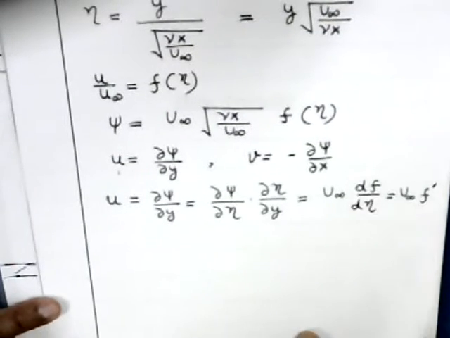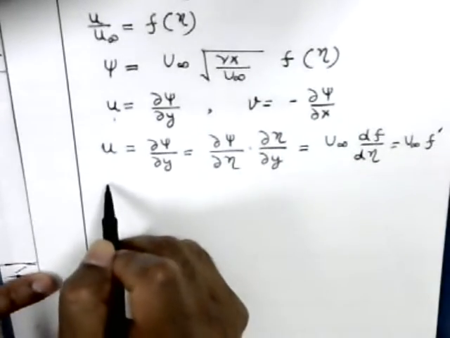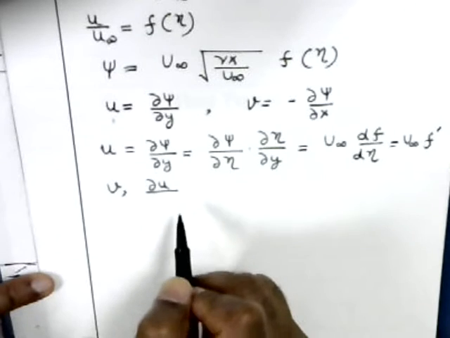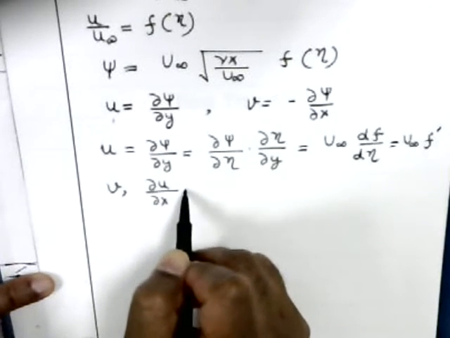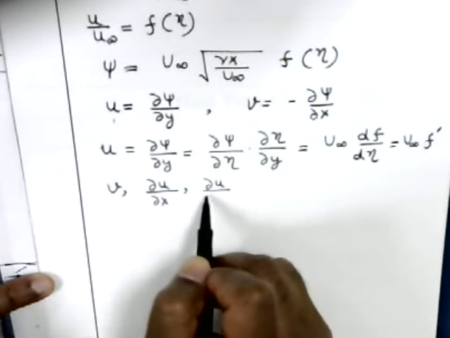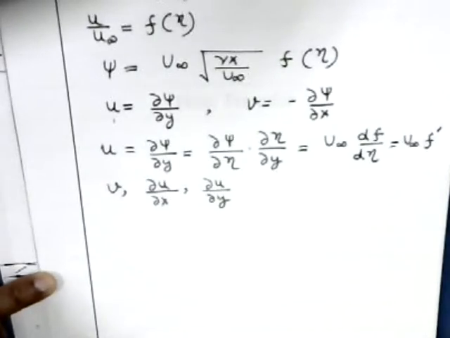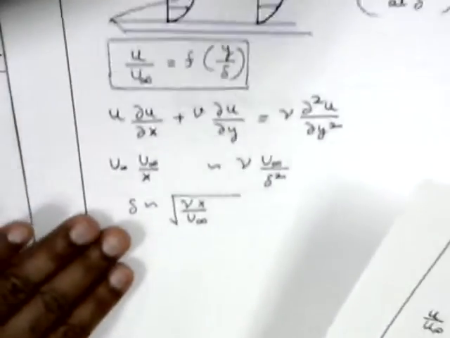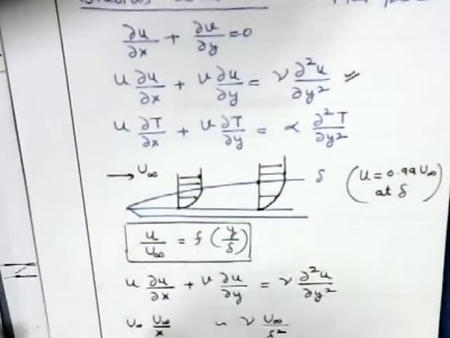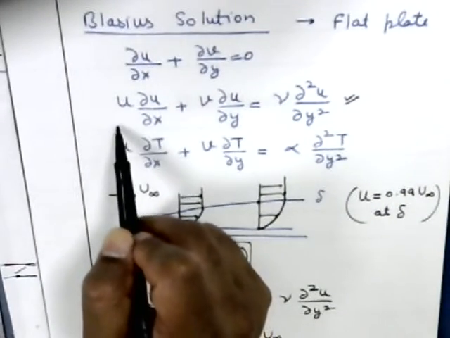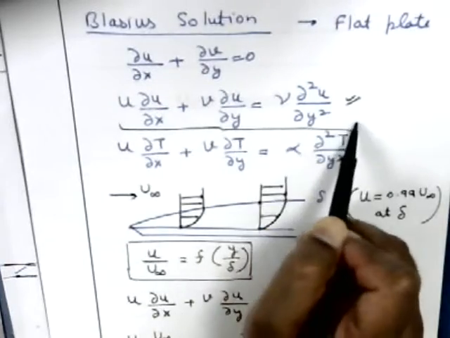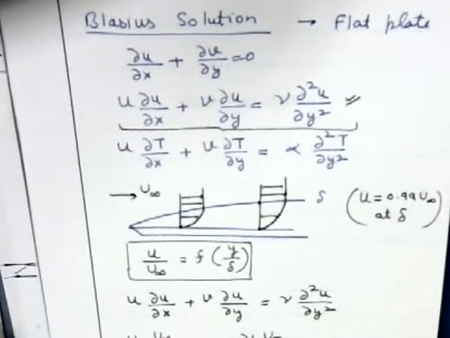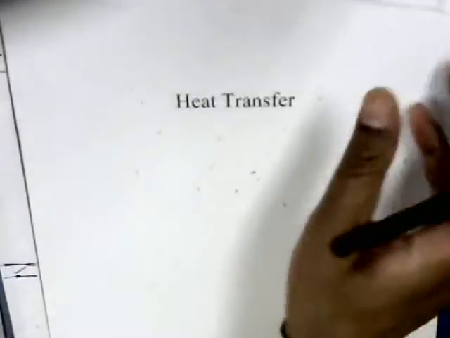Similarly, we can write expressions for v, del u del x and del u del y. We can write expressions for these and substitute those expressions in the momentum equation. So after substituting, you get an equation. I'm just going to write that down.